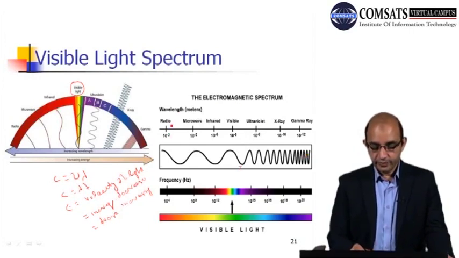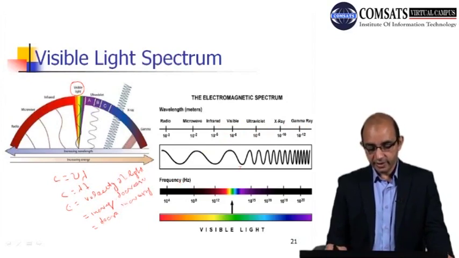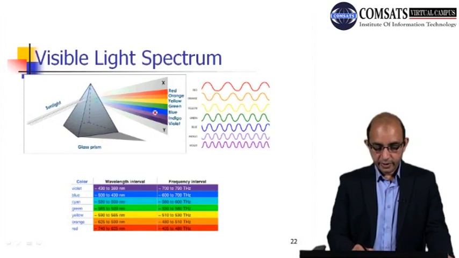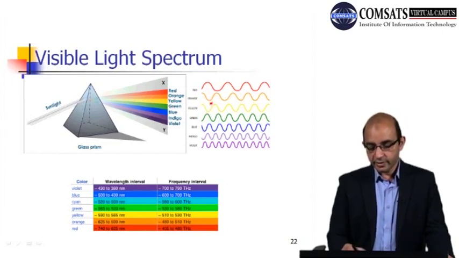So here we have radio, microwave, infrared, visible, this is the visible light spectrum, ultraviolet, X-rays, and gamma rays. And this is the frequency, so you can see the frequency is rising in this direction. Within the visible light, we have red, orange, and the frequency is lower here and increasing from red to violet.